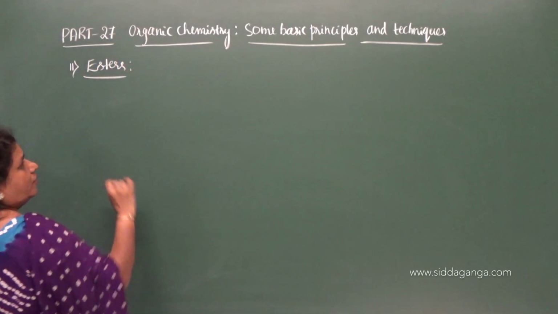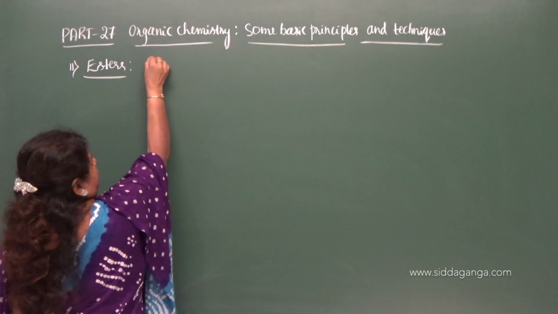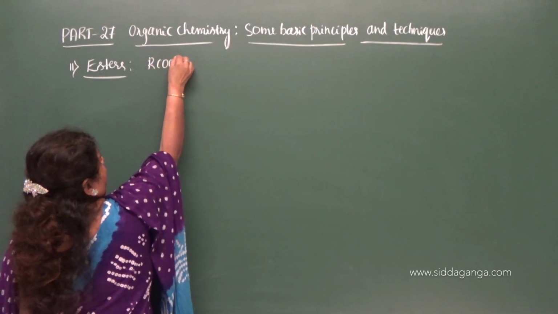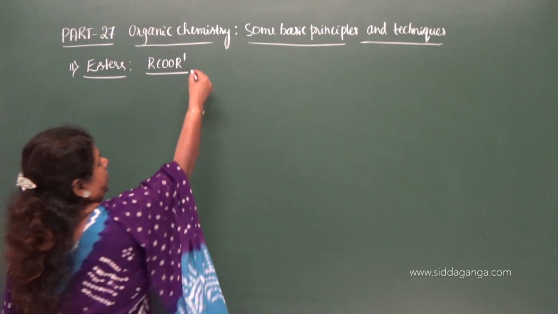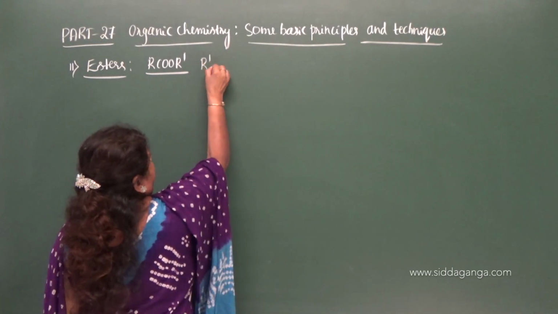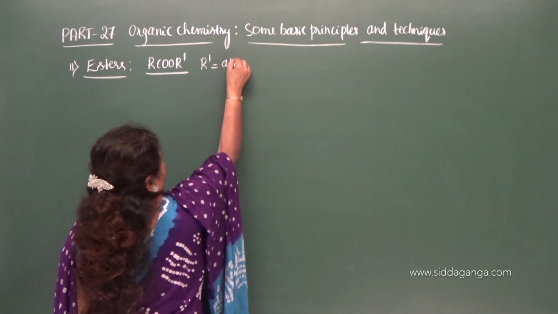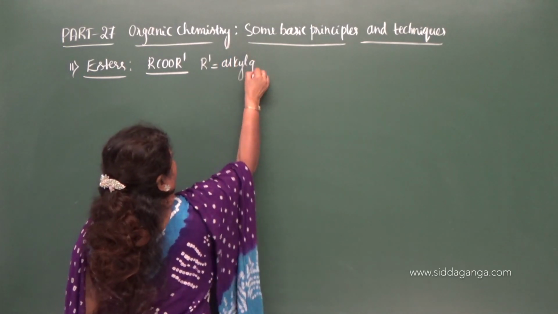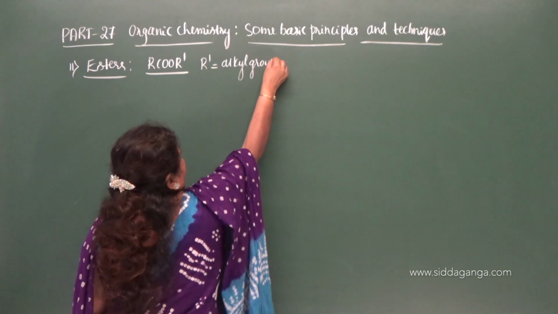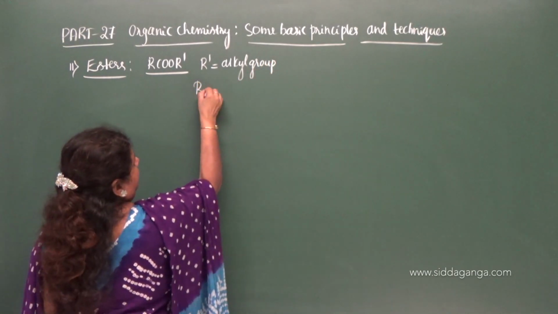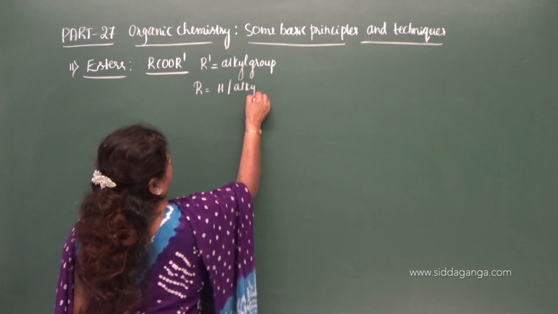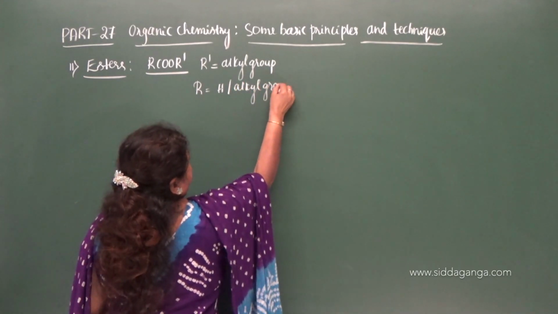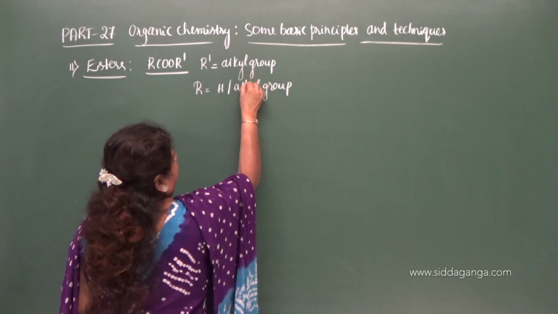Esters. And what is the general representation? RCOOR dash. In this, R dash is always an alkyl group, but R may be hydrogen or an alkyl group.